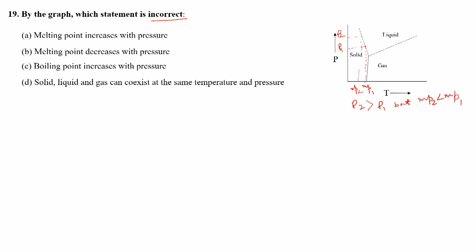Boiling point increases with pressure. Now see the boiling point. Suppose this is the melting point and this is the normal boiling point here, right? So this is your boiling point BP1 at pressure P1, and the boiling point at pressure P2 is BP2 here.